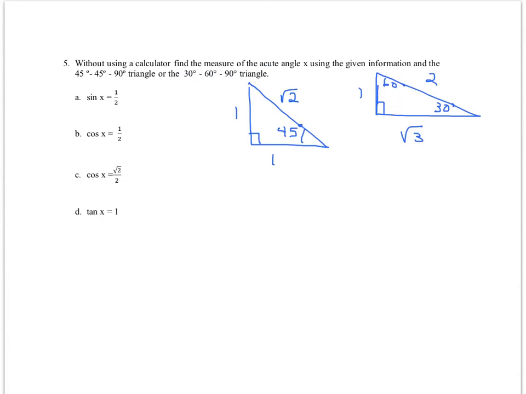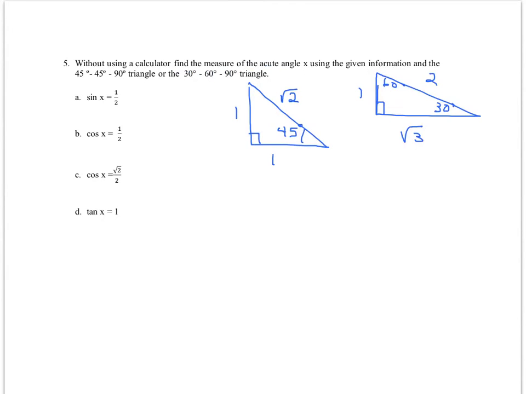I only put one 45 in because the other one's 45. So we need to figure out, and yes, we can use the inverse trig functions on our calculator, but I'd like you to look at the triangles for a minute because it'll help you later on with other things that you're going to do in this section.